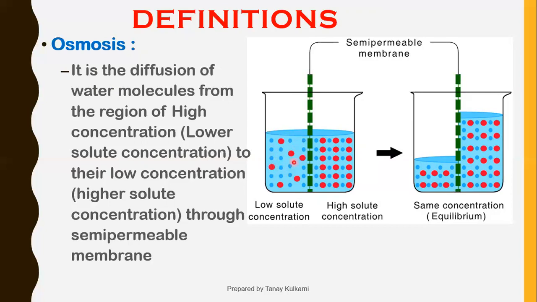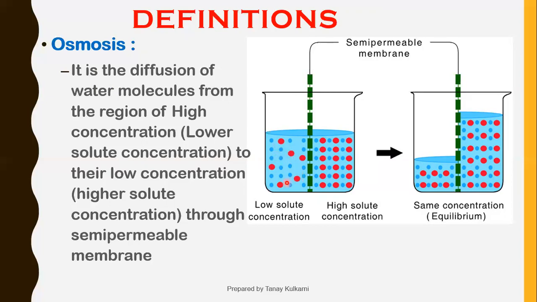So as per the definition, the water will start moving from low concentration of solute to high concentration of solute, or simply it will move from high concentration of water to low concentration of water.